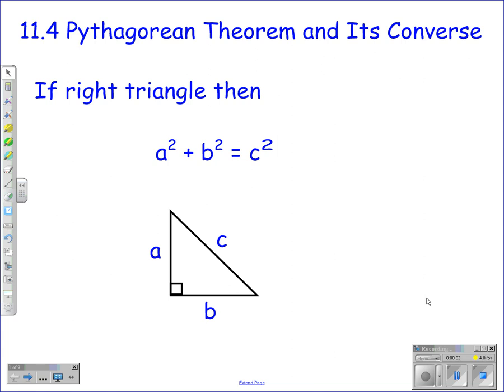Today we're going to work on the Pythagorean Theorem and its converse. This is section 11.4.